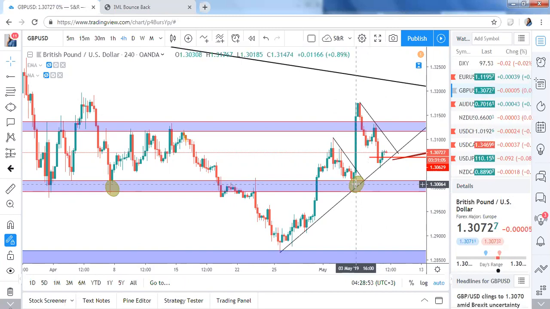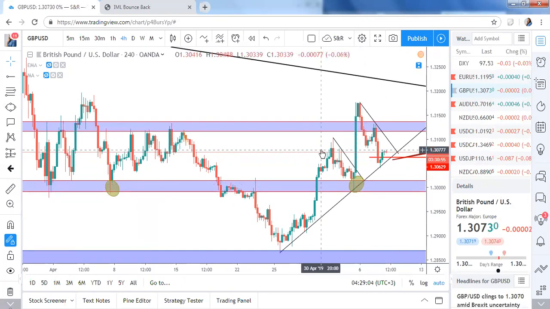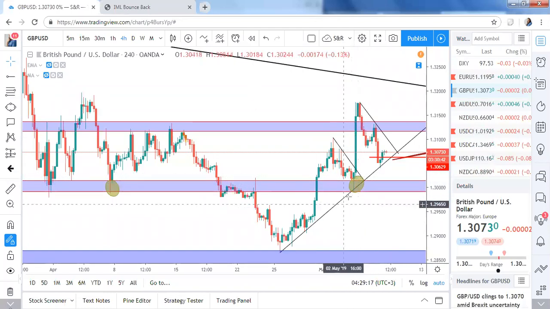Now, confluence is where support and resistance traders meet trend line traders. So you can see that structure is at this point, but also our trend line is also here. So what this means is that if we see rejection here at this support area, we also have our trend line here.